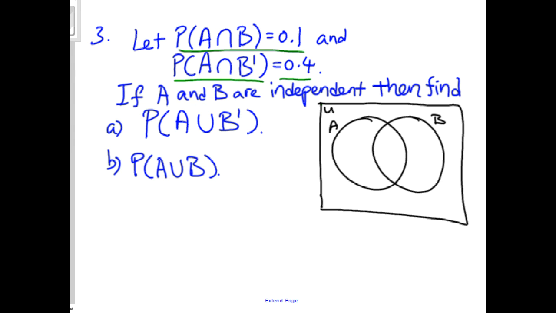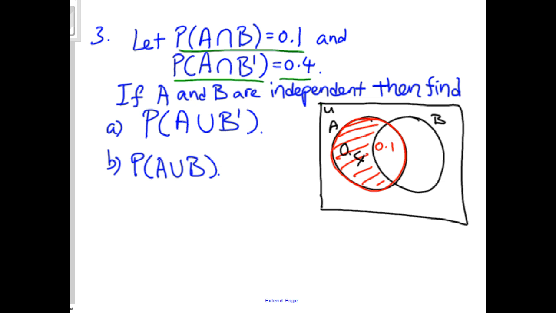So given that this is 0.1 in the intersection, A intersect B, and then it says A intersect not B, A and not B. Over here is A and not B, so it's this part. Well, A and not B, according to this, is 0.4.